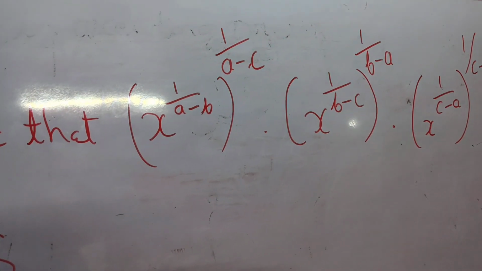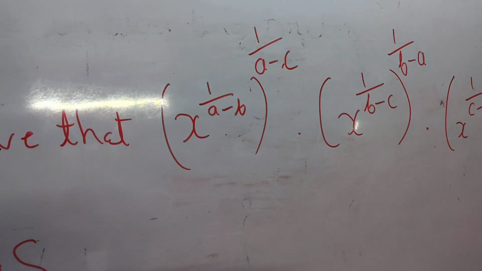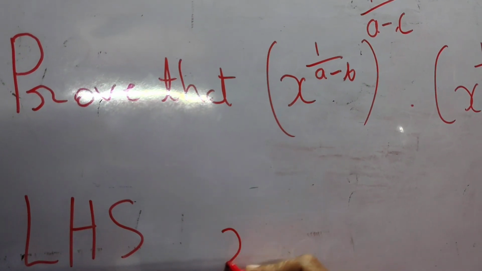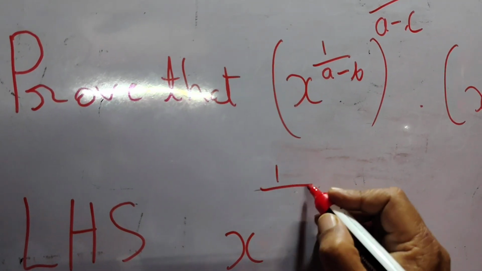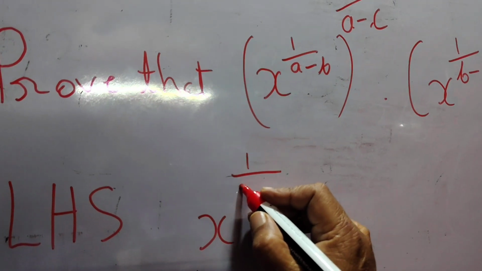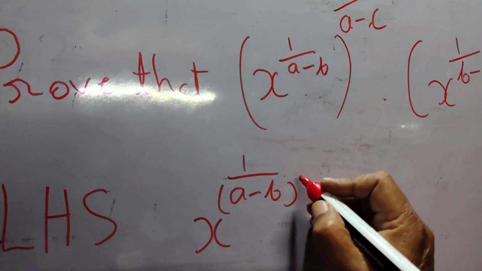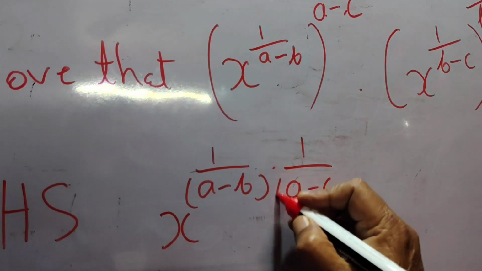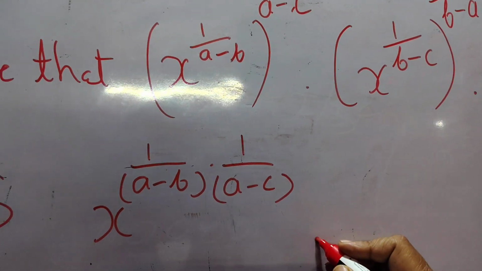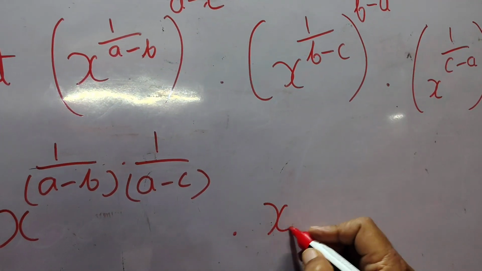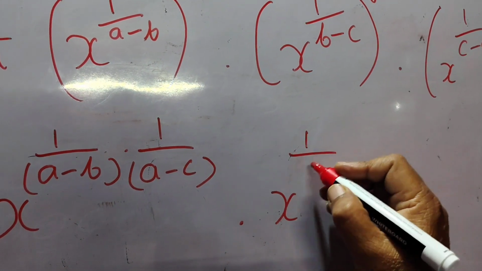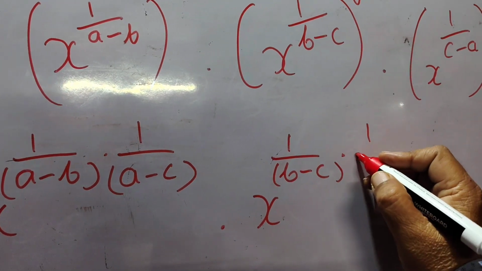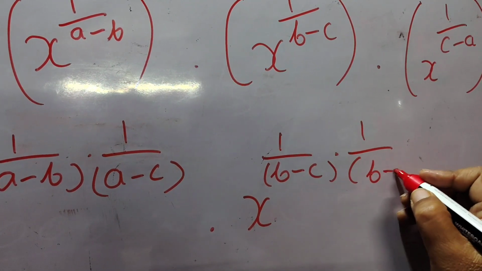See here it is very clear, there is a power over a power, power to the power, so it will be multiplied. So what can we write? x to the power 1 by a minus b multiplied by 1 by a minus c, into x to the power 1 by b minus c multiplied by 1 by b minus a.